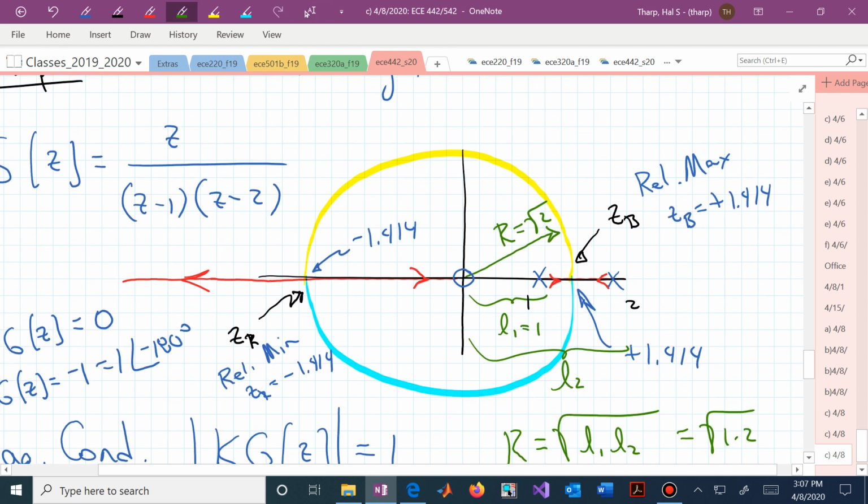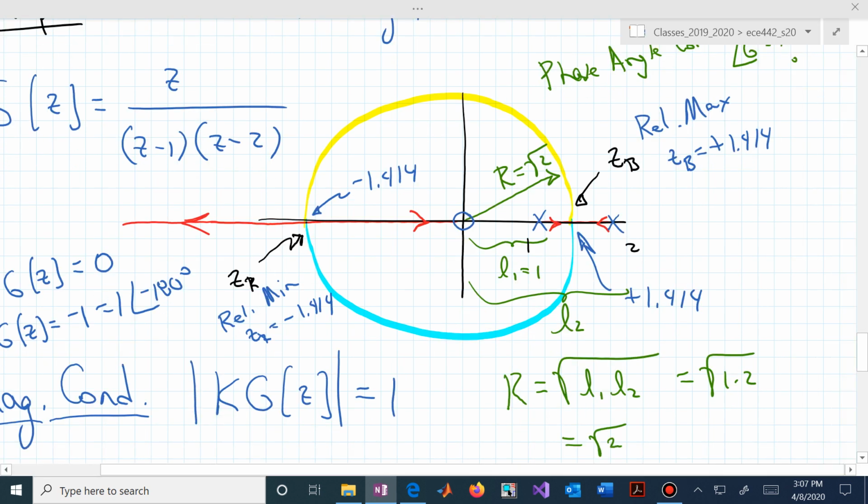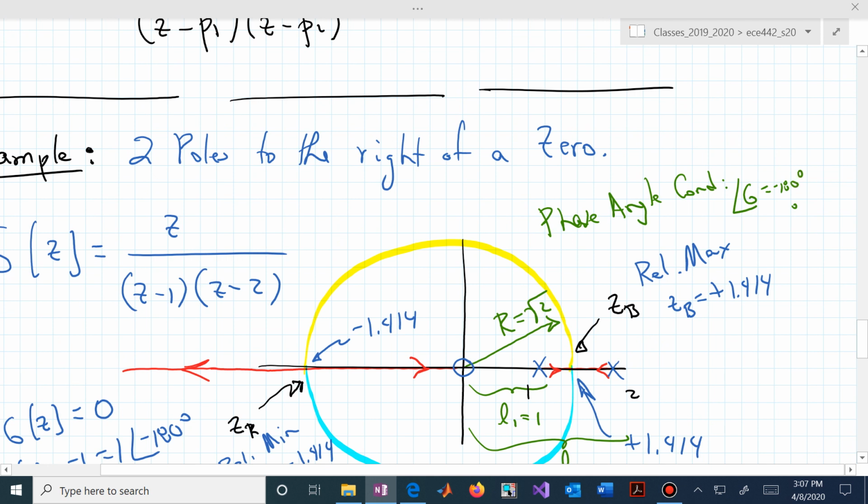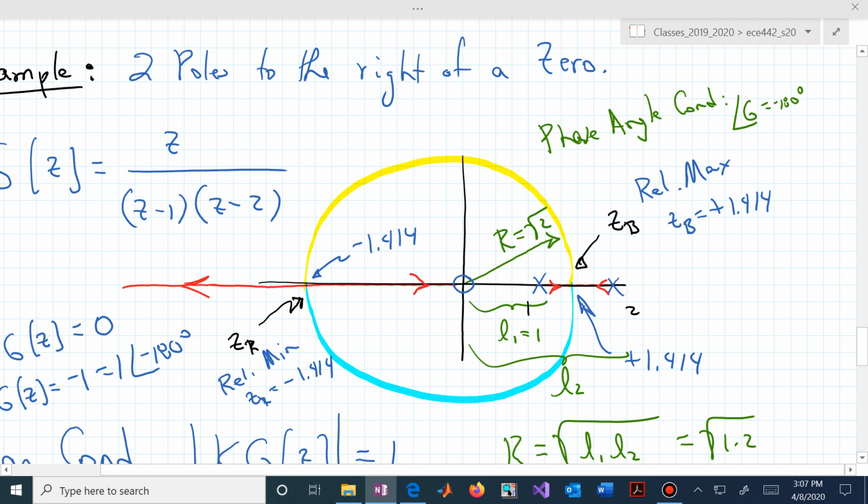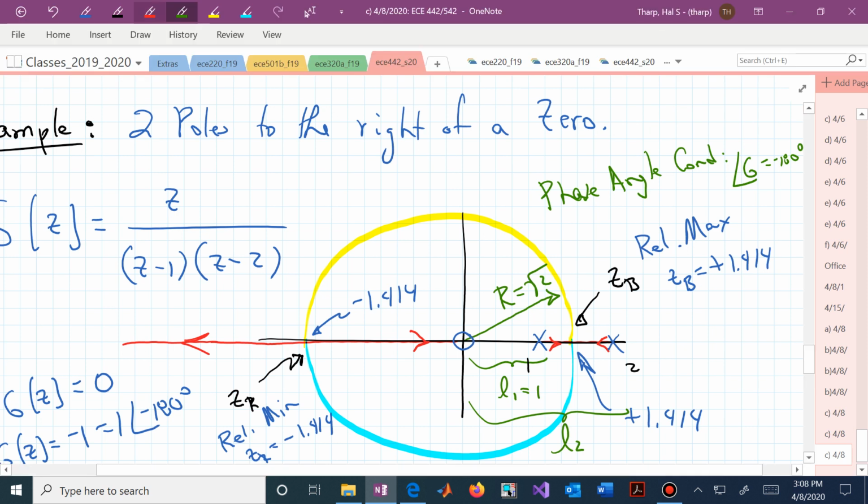We know from the phase angle condition, which says that the phase of G is equal to minus 180 degrees, now allows us to have this nice symmetry of the root locus diagram. In fact, this now is red.